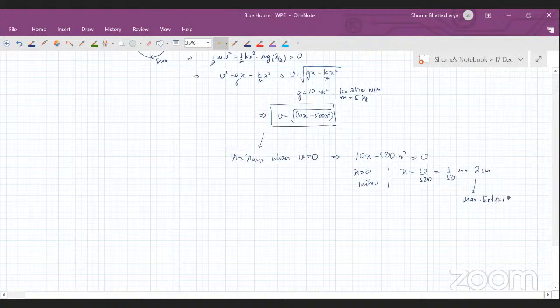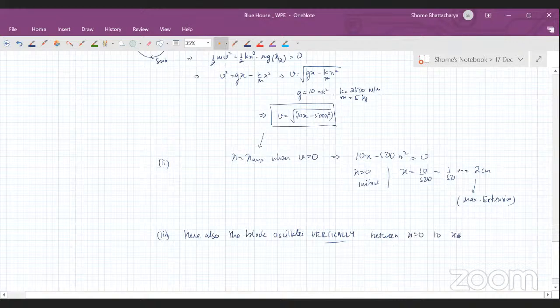Okay. Now, the other thing is you can also understand logically that since it's an oscillation, here also the block oscillates vertically between x equal to 0 to x equal to 2 centimeters.